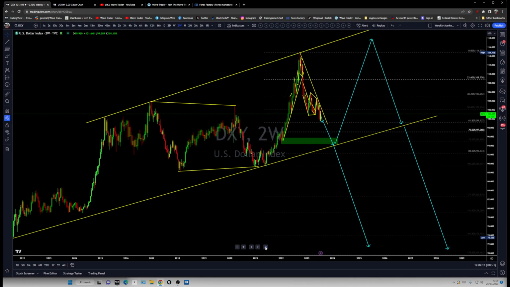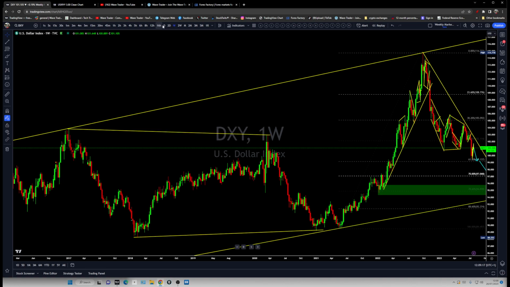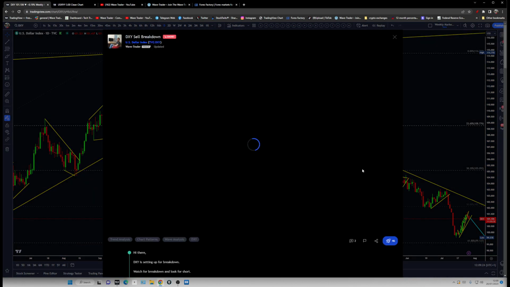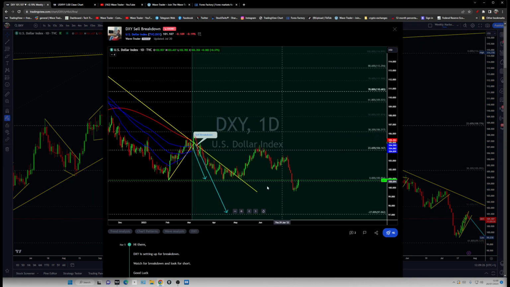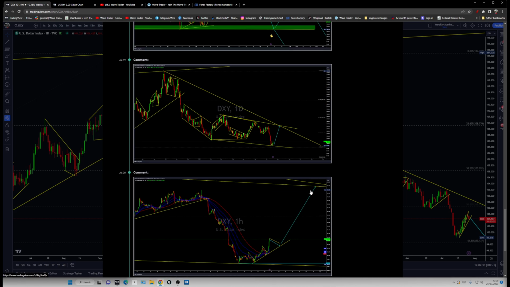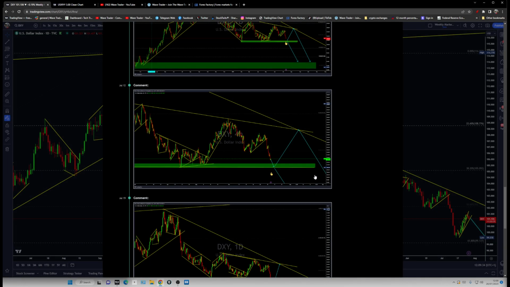In the previous video analysis, we were expecting the dollar to pull back, to push up, to go higher. If I look at this chart, we were expecting it to go down. The trend nicely started to go down, and we were expecting it either to break down or go back up.